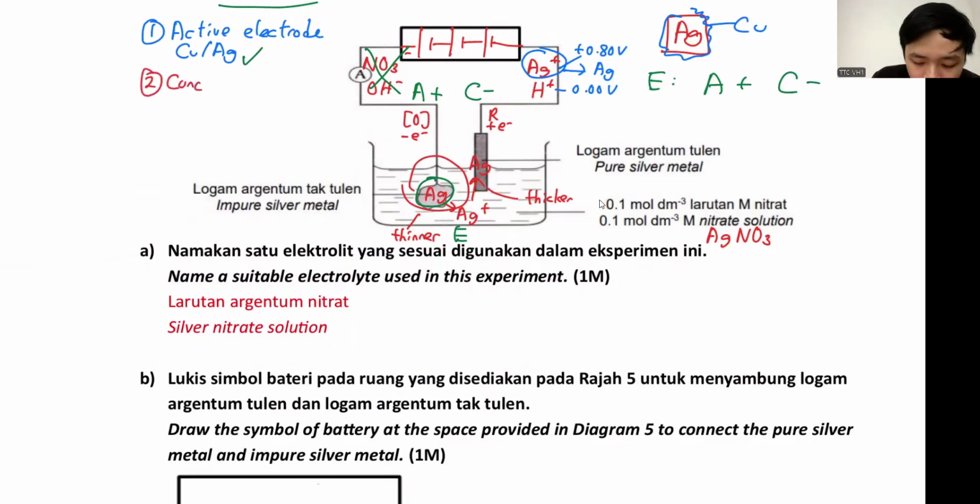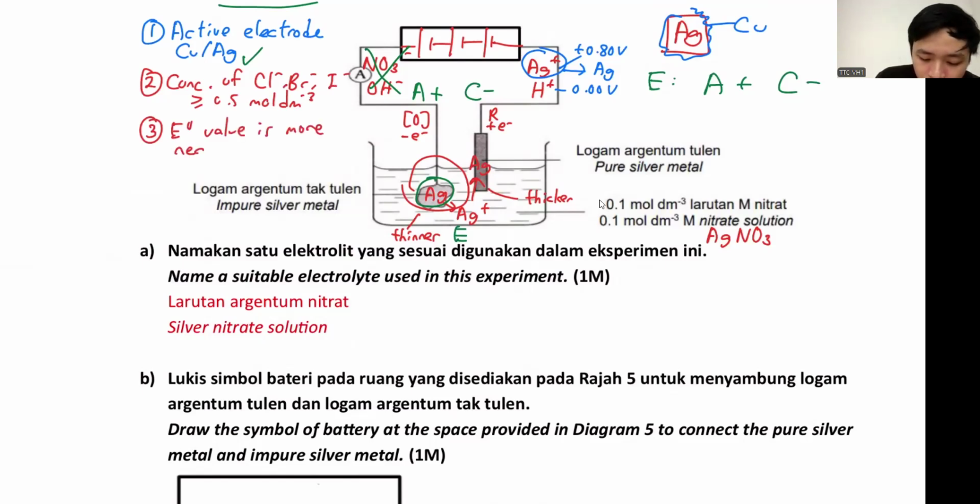Then only you look at the second factor, concentration of halide ions, whether they are more than 0.5 mole per cube. If not, then only look at the last factor, whether their E naught value is more negative.